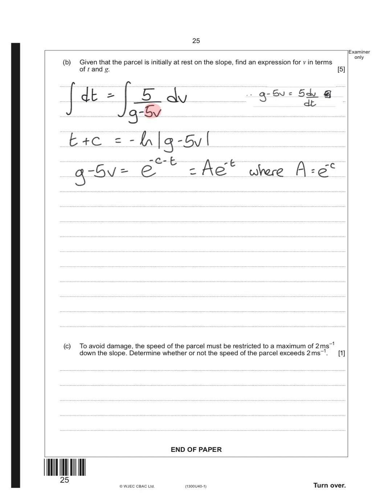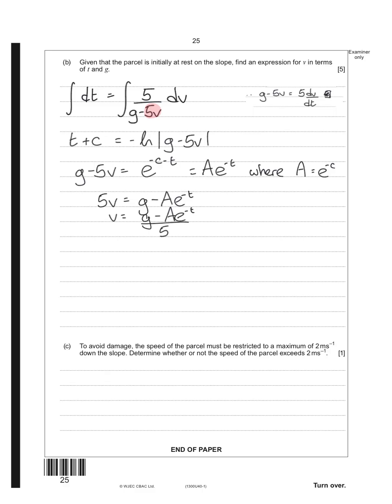And so I can then say that 5v equals g minus a e to the minus t. So v is g minus a e to the minus t over 5.